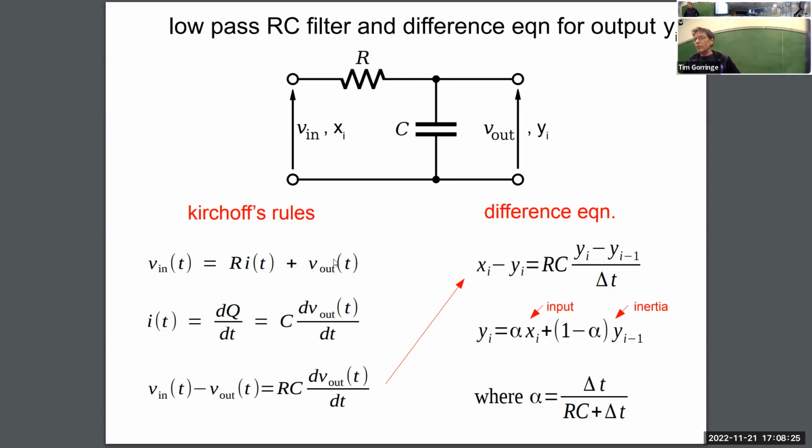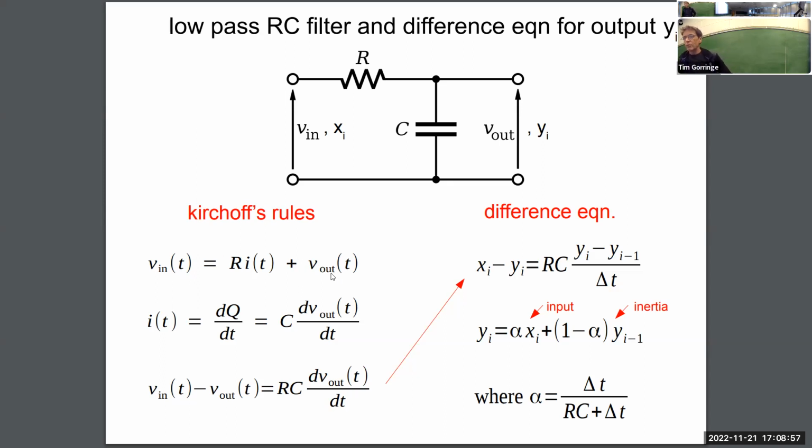In this first equation, I wrote down Kirchhoff's rules in terms of this loop, where between these two terminals over here is the input. Between these two terminals of the capacitor is the output. And then the third element in the circuit is the resistor. So the input voltage is equal to the sum of the voltage across the resistor, in terms of the current through it, and the voltage across the capacitor.